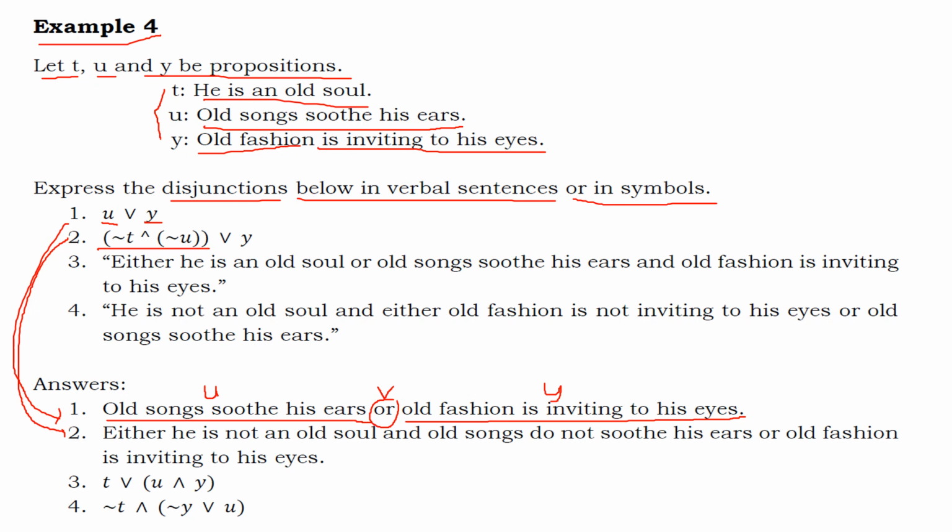Now, here as you can see, either he is not an old soul, since there's a negation T here, we apply the negation. Either he is not an old soul, so this will be your negation T, because we apply your not here to represent your negation.